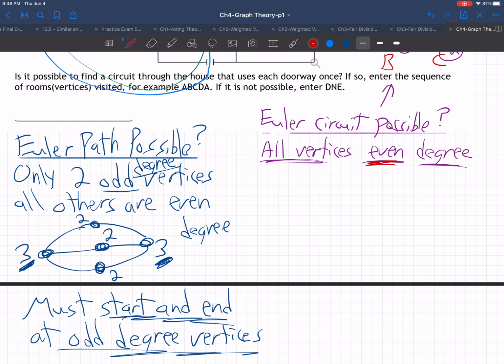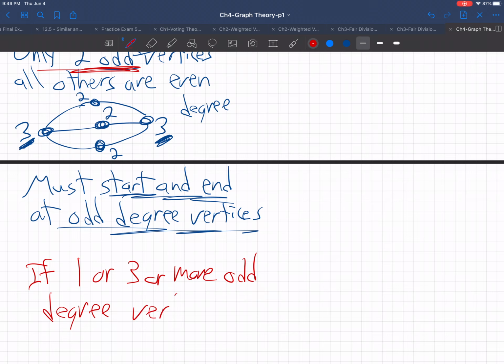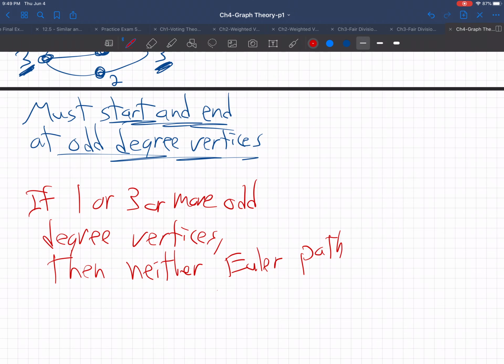So we said if they're all even, then an Euler circuit is possible. If only 2 are odd, then you can have an Euler path. But if there's 1 or 3 or more odd degree vertices, then there's neither an Euler path nor circuit that are possible.